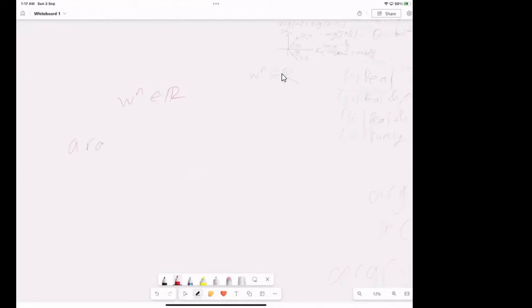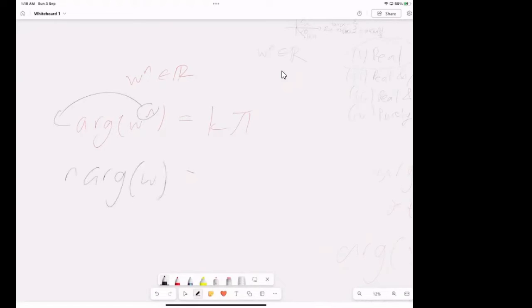It means the argument of W power of n is equal to, let me think, real is, we want it to be like pi and 3 pi, so 2k pi, or k pi, yeah, k pi, sorry, because k can be pi, 2 pi, 3 pi, my bad. So remember we apply our rules, so the n can bring down, we have n times the argument of w equals k pi.